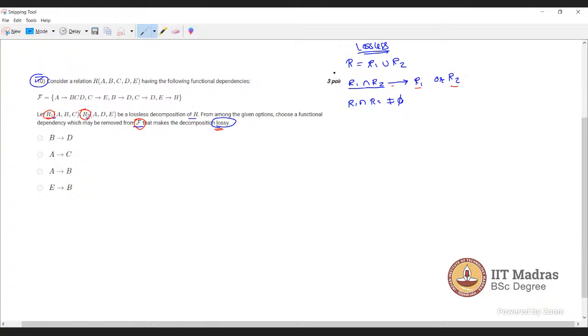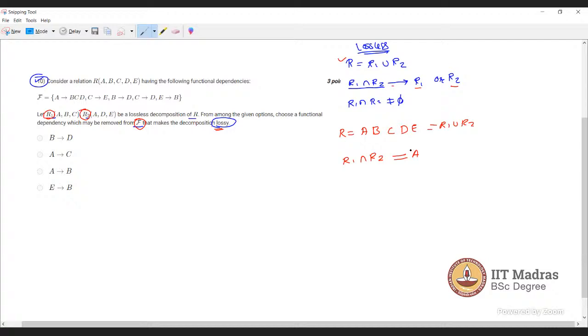For the first condition, R1 union R2 is A, B, C, D, E, which is equal to R. So the first condition is satisfied. For the other condition, what is R1 intersection R2 here? A only, right? Yes, sir.